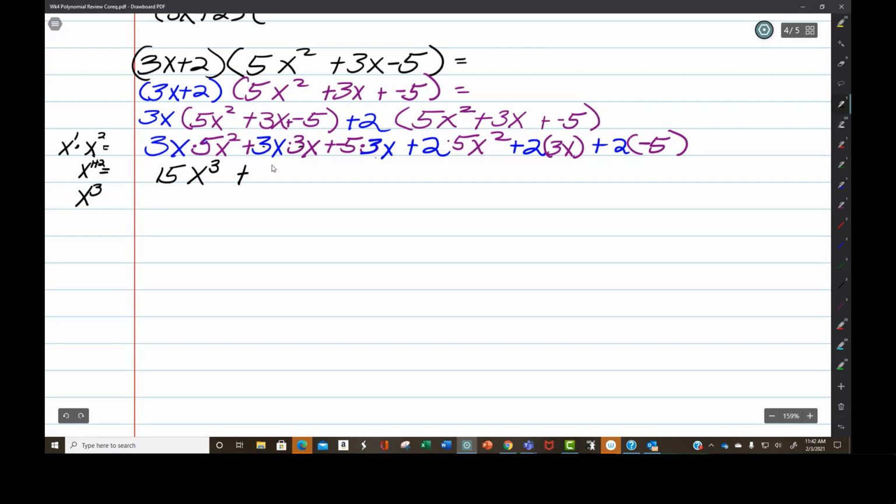Plus 3 times 3 is 9. x to the 1 times x to the 1 equals x to the 1 plus 1, which is x to the 2. Plus negative 15x. Wonder if I should leave it that way.